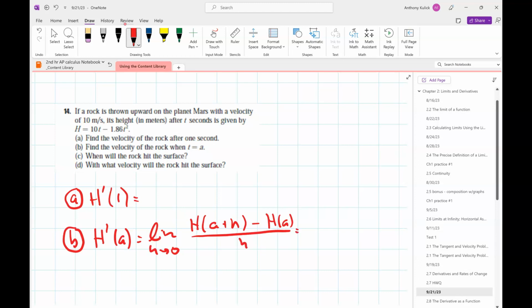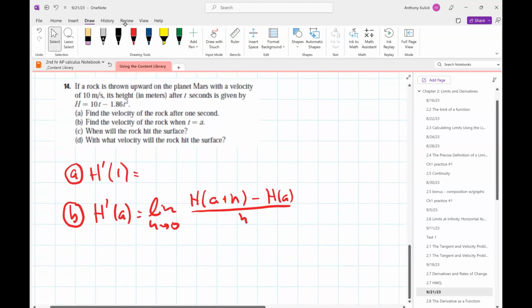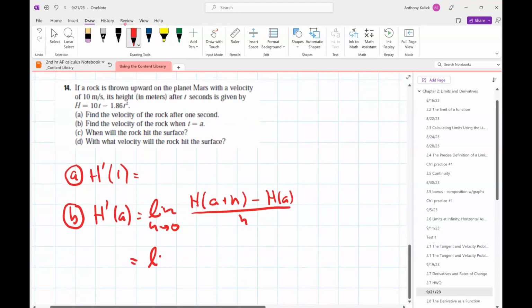All right, so when I plug this stuff in, and this is the long part, I think after this, everything is fairly easy.